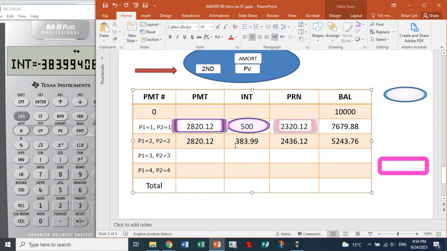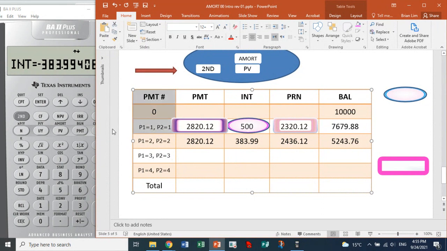You'll get 2820.11. You can see from the 99 and the 12 over there. Anyway, let's not worry about that. Let's keep the process going, and let's go over here now.